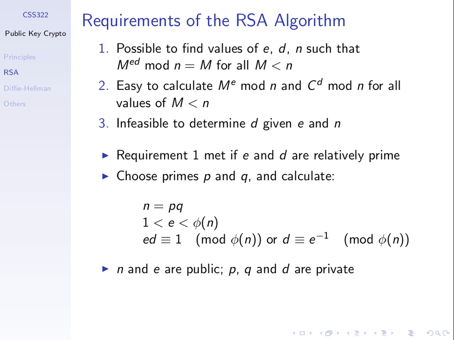Choose two prime numbers. N equals the multiplication of those two prime numbers, 17 times 11, 187. The totient of 187 equals 16 times 10, according to this equation.